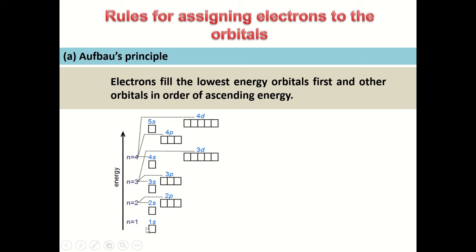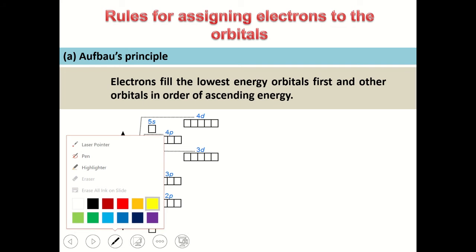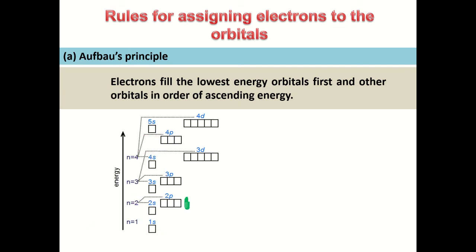So you must start to fill electrons inside the 1s orbital first, and if you still have more electrons, you have to move up, and if this orbital is also full, you need to move up to the next orbital. As you can see, the 2p subshell consists of 3 orbitals, so 3 times 2, the 2p orbitals can fit up to 6 electrons.